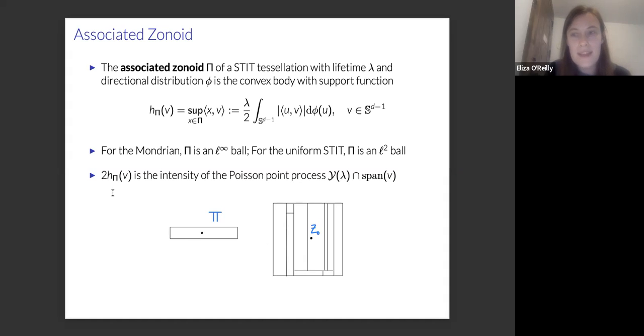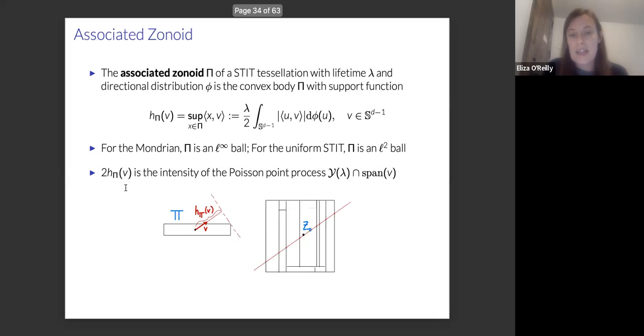And a really, I think, beautiful fact is that the support function of the associated zonoid in a given direction V is actually the intensity of the Poisson point process that you get by intersecting the random tessellation with the line spanned by that unit direction. So if you intersect the STIT tessellation with a line, you get a Poisson point process, and the intensity of that Poisson point process is twice the support function of the associated zonoid in that direction.